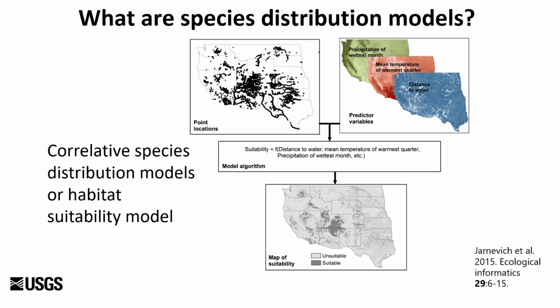And these can be fed into a mathematical algorithm that produces relationships that can then be used to produce a map of where something might occur on the landscape.